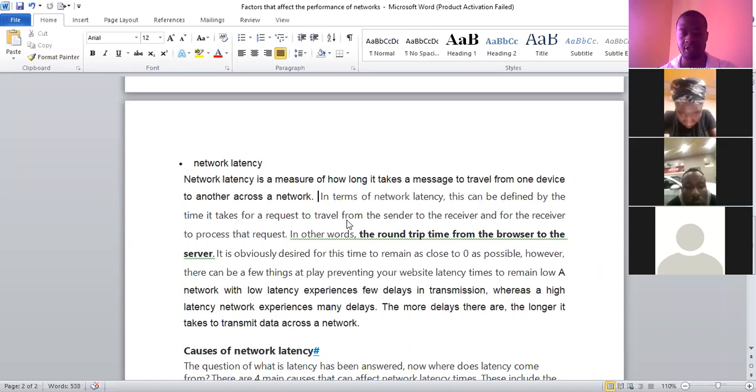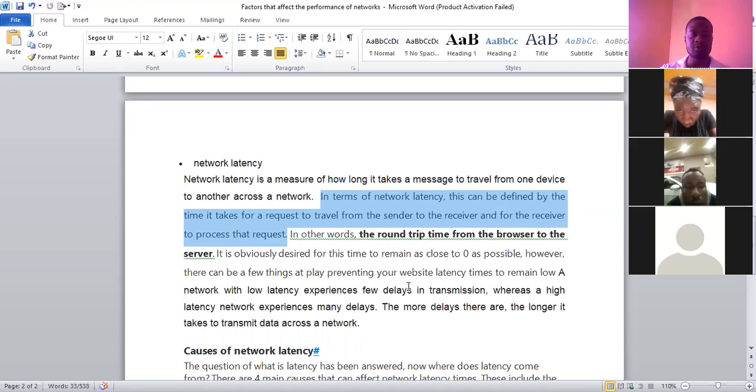In terms of network latency, this can be defined by the time it takes for a request to travel from the sender to the receiver and for the receiver to process that request. For example, if you are searching for information on the internet, how long does it take for you to receive the reply?